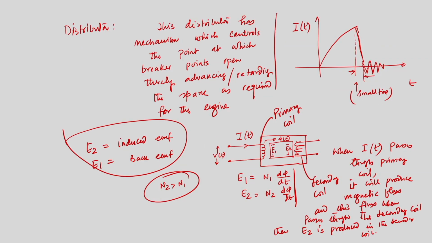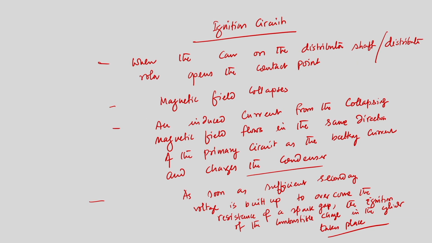What is happening when this EMF is developed in the primary circuit because of the sudden collapsing of the magnetic field? Again a current will flow, the induced current of the collapsing magnetic field, in the same direction as the battery current through the primary coil, and it will charge the condenser.